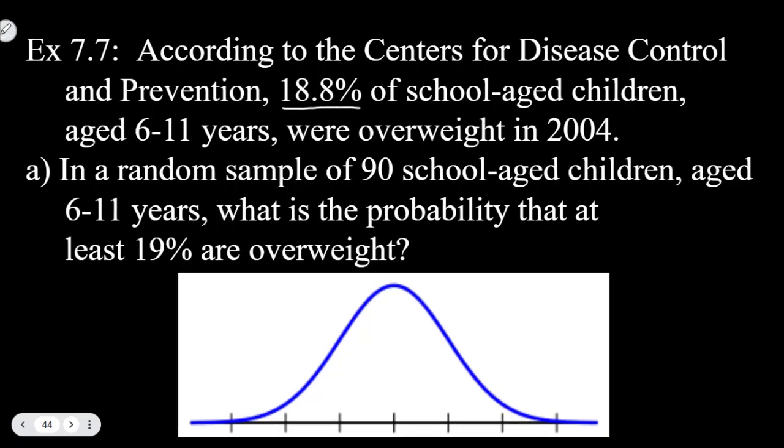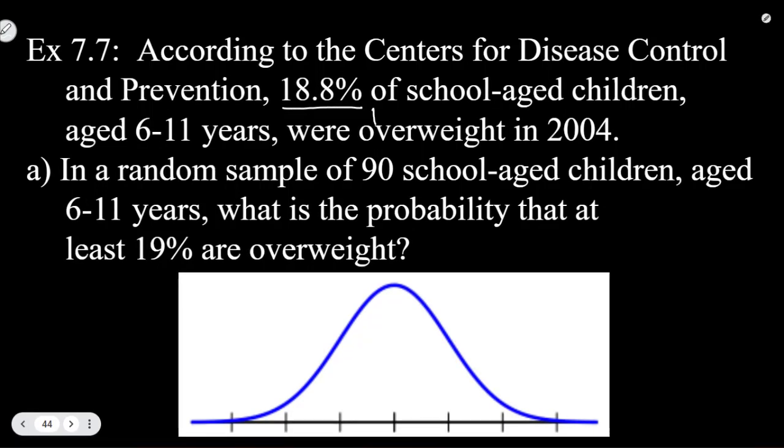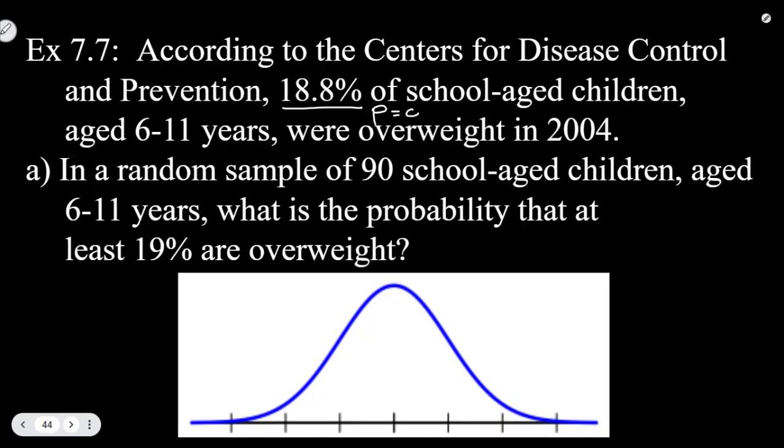They did a survey and found the population proportion for overweight children was 18.8%. So that is p. Well, we have to write it as a decimal, 0.188.